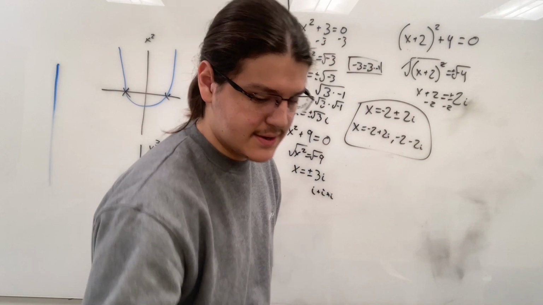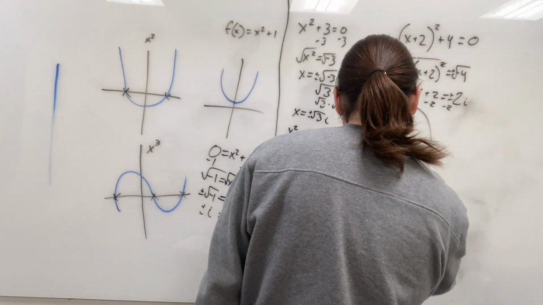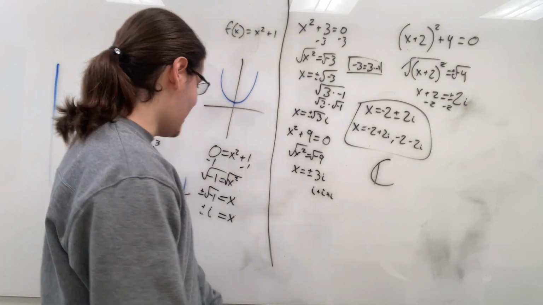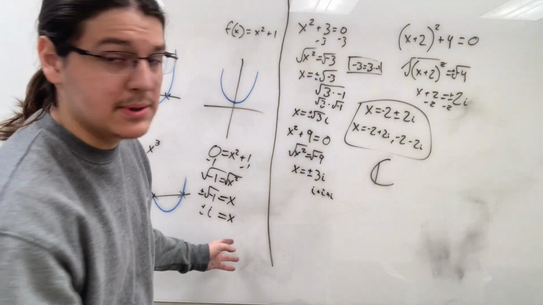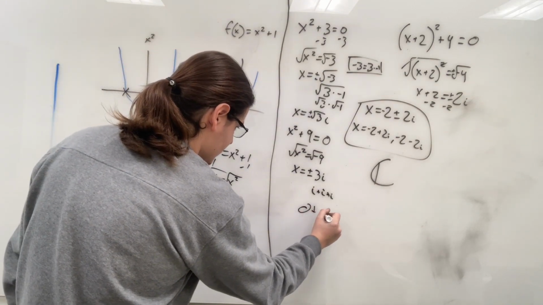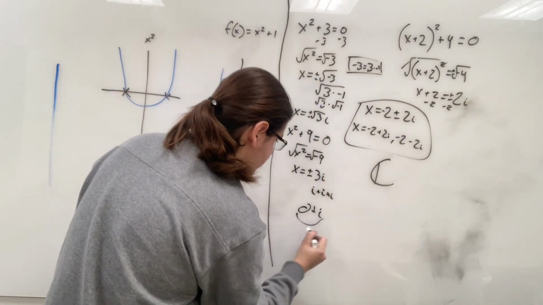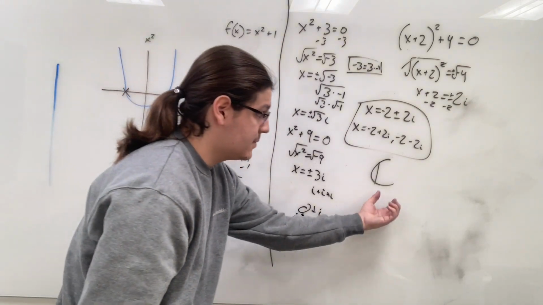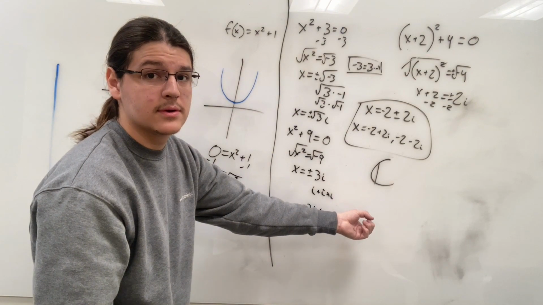We can do better than that. Complex. Now, i on its own is also a complex number, right? This is just 0 plus i, right? Still complex. We have the real part and the imaginary part making up a complex number.